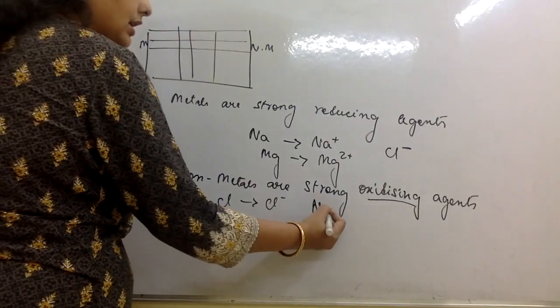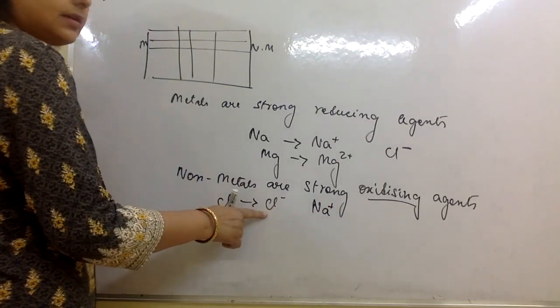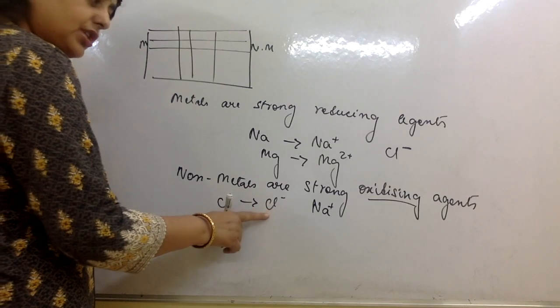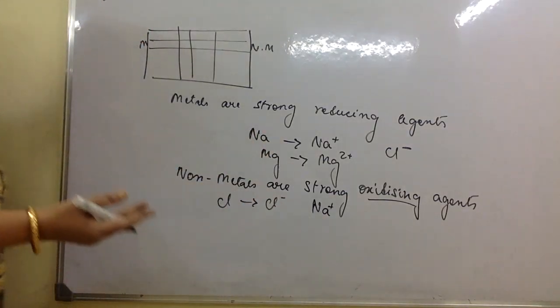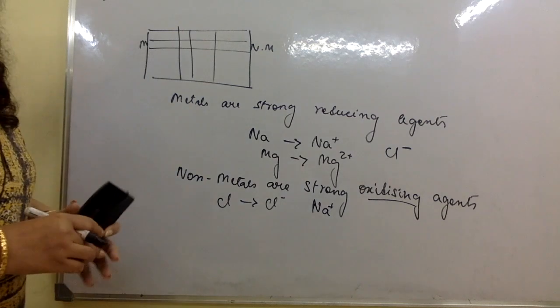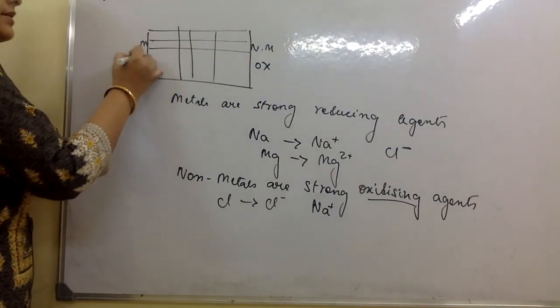If it has snatched the electron from sodium, then sodium has got oxidized and chlorine got reduced. Chlorine is the oxidizing agent, sodium is the one which got oxidized. So back to it, non-metals are oxidizing agents and metals are reducing agents.